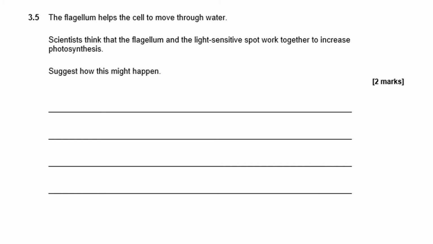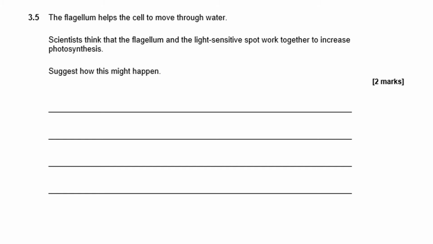So it's worth 2 marks, so we need to get 2 points in there. Now, if in your answer you have mentioned that the light-sensitive spot will detect light, then that will be worth a mark. If you said that the flagellum moves towards the light, or the flagellum moves the alga towards light, then that would be worth a mark.